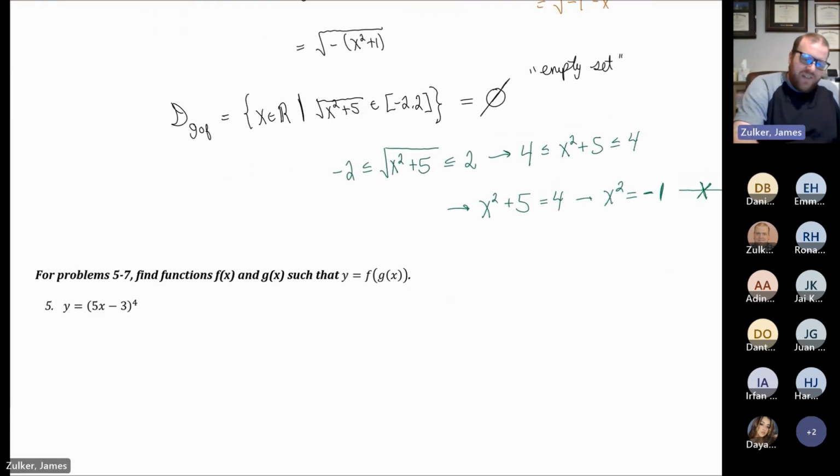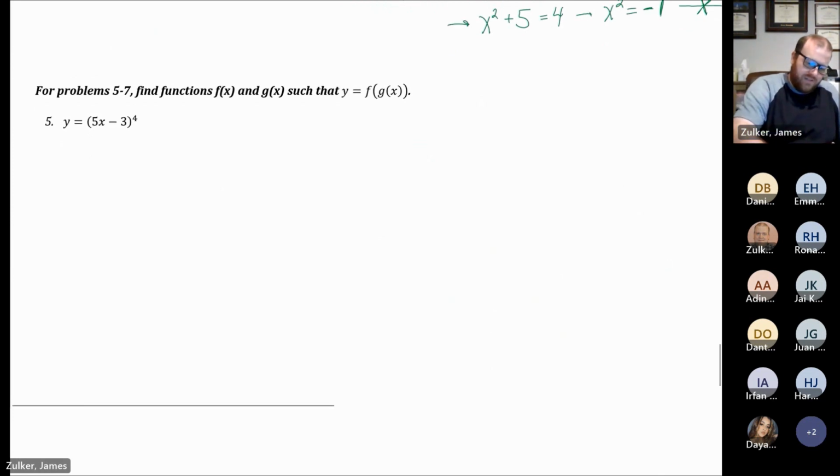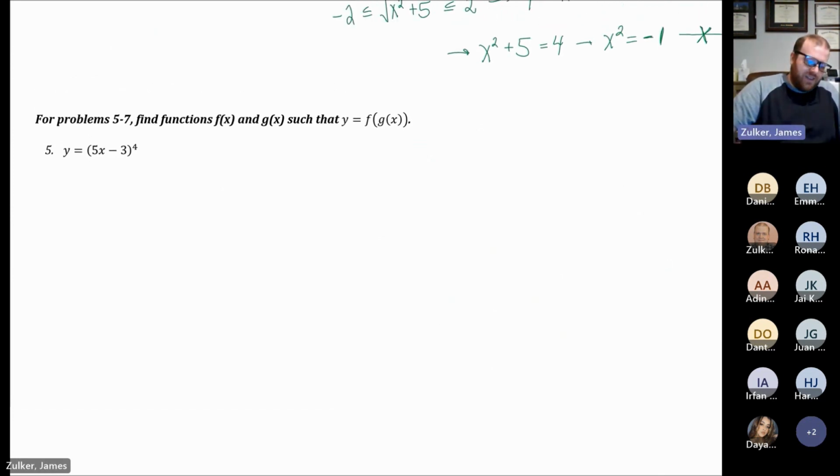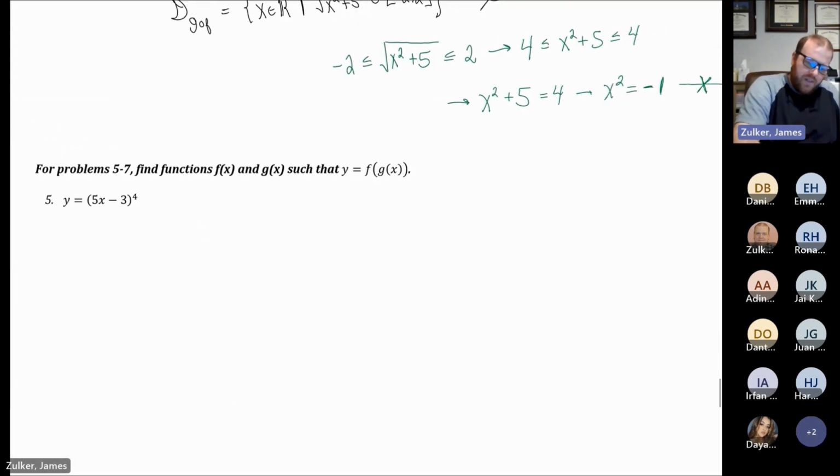Theoretically, there would be an infinite number of ways to do this. I'm going to look at the simplest way.